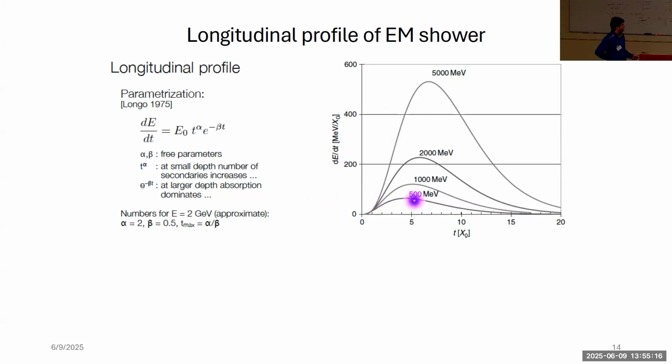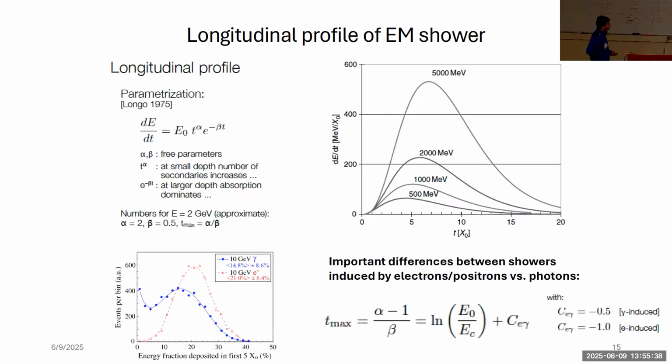As you increase the energy of the particle, the area under the curve obviously increases, proportional to the incident energy, but the maximum shifts gradually towards the right. And that's captured by this parameterization.